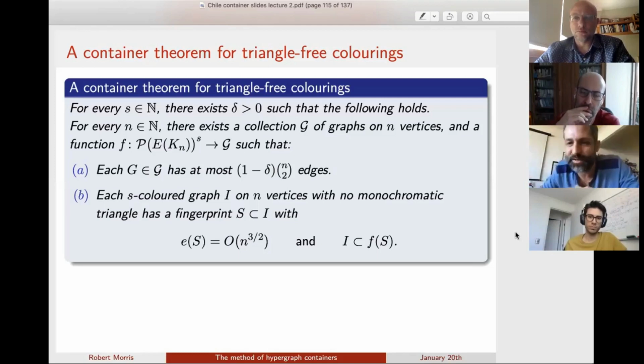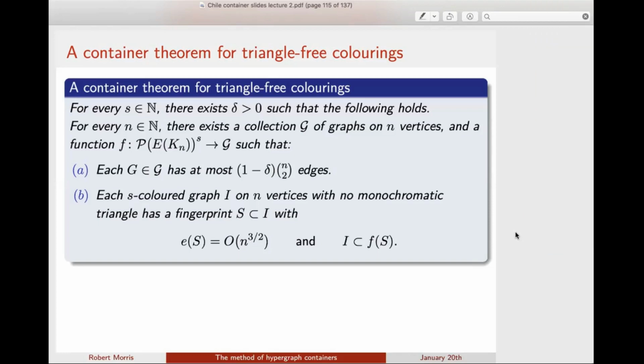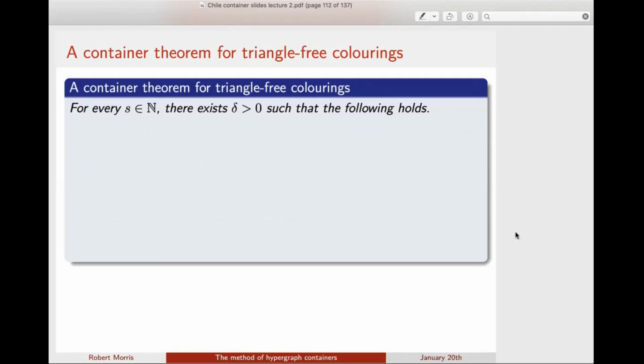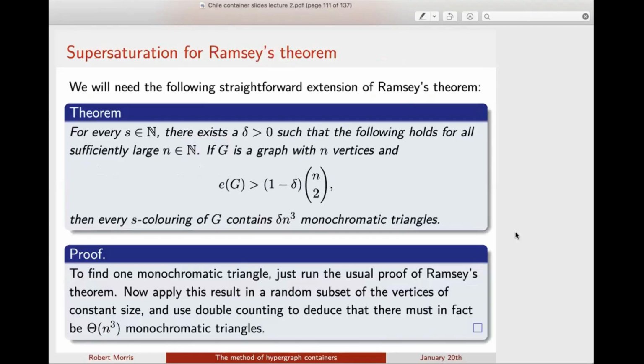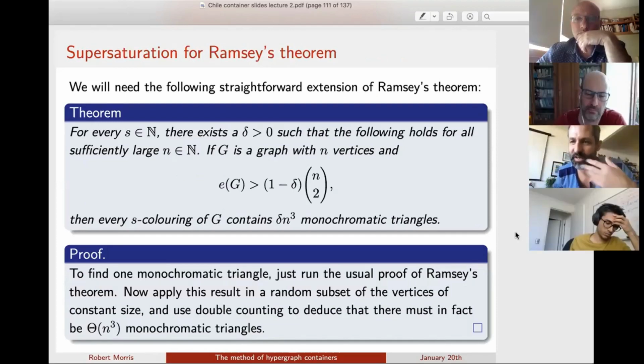So the only difference is, when do we stop? We stop when our supersaturation theorem fails. So we can keep iterating the container lemma until our supersaturation theorem fails. And what did our supersaturation theorem say? It said as long as the union of the edges of these S graphs covers (1 minus delta) proportion of the edges of the complete graph, then we have many monochromatic triangles, and therefore we can continue.